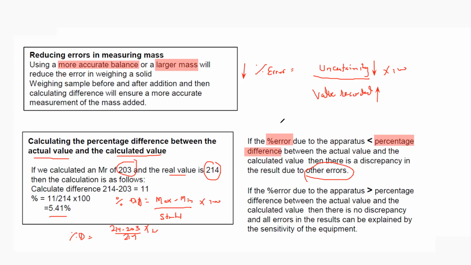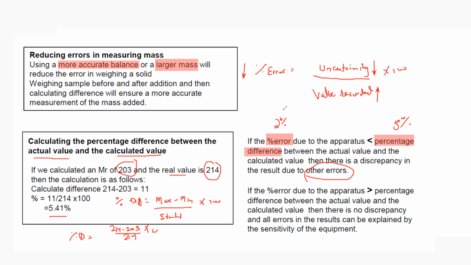For example, if the percentage error of the apparatus comes out to be 2%, and the percentage difference comes out to be 5%, it shows that your apparatus is accurate.